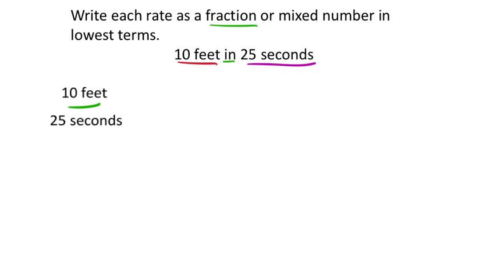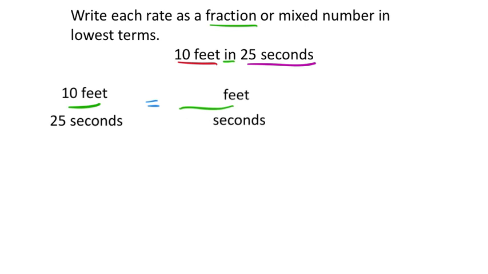Now, the problem with that is that the numbers are not simplified. So that's where we go to the calculator. This is going to give me an equivalent fraction, which we've seen before. This would be considered an equivalent ratio, or an equivalent rate, but it means exactly the same thing. The labels will stay where they are. The feet, which is on the top, is going to stay on the top, and same with the seconds.